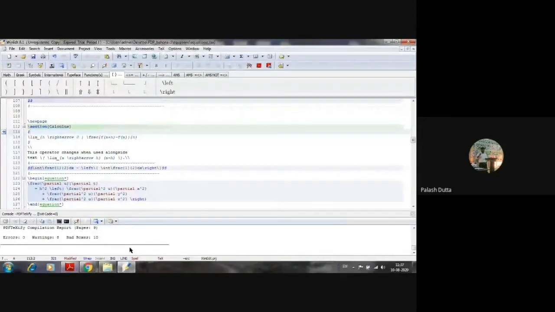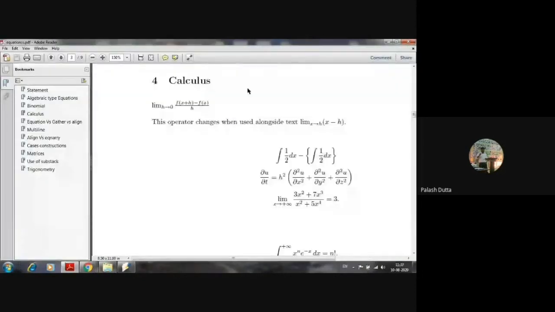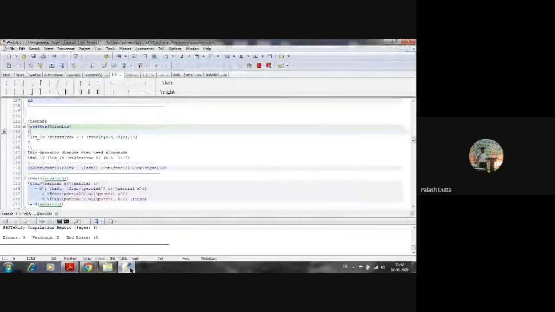If we use double dollar, the expression will be in the center, and h tends to 0 will be under lim, right? You can check it.